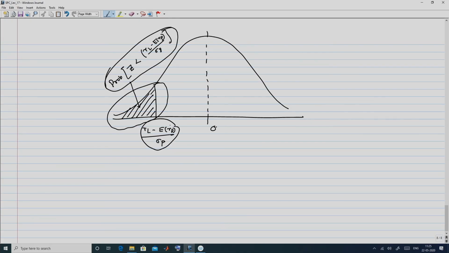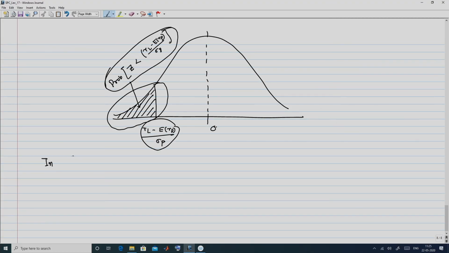You could have a whole bunch of portfolios. For each of those portfolios you will have (R_L minus E[R_p]) over sigma_p, which will essentially set the area under the shaded curve. You want to find which of them is going to give you the smallest shaded area.